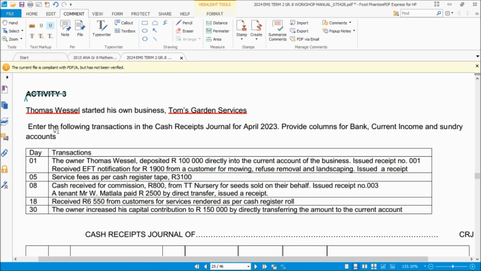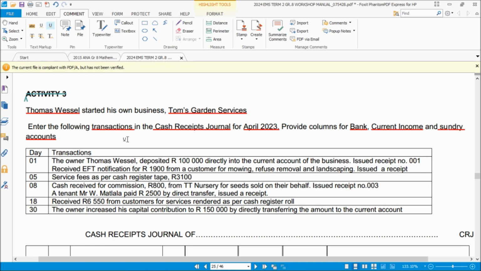It says enter the following transactions in the cash receipts journal. So we've got transactions that we need to enter in the cash receipts journal for April 2023. It says provide columns for bank, current income and sundry accounts. Alright, so that is simple.